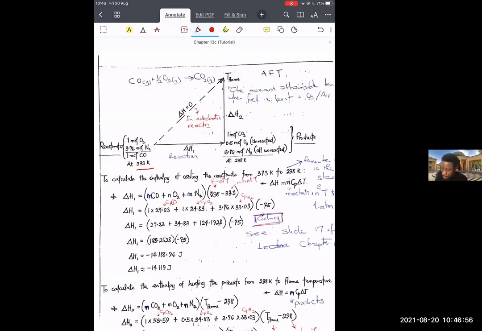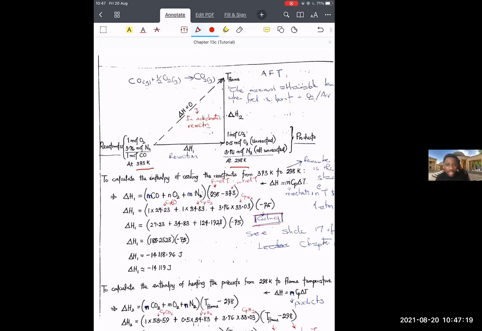Take note of that, or the flame. But remember that when we're dealing with standard heat of reaction, at what temperature does it occur? At 298 Kelvin. So when you're moving from higher temperature to lower temperature, what is happening?